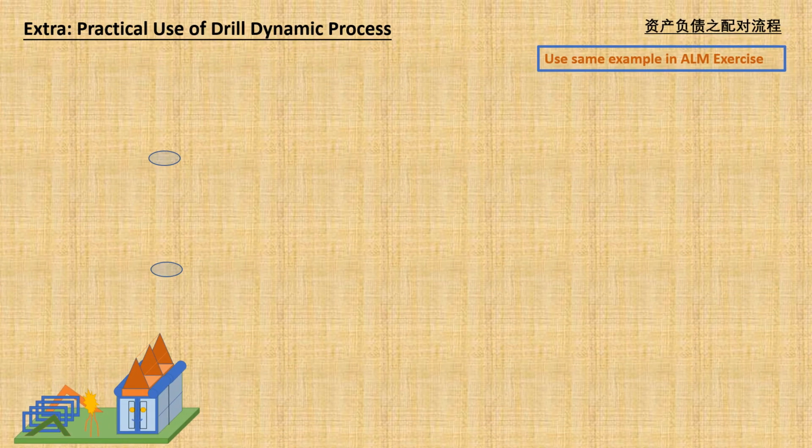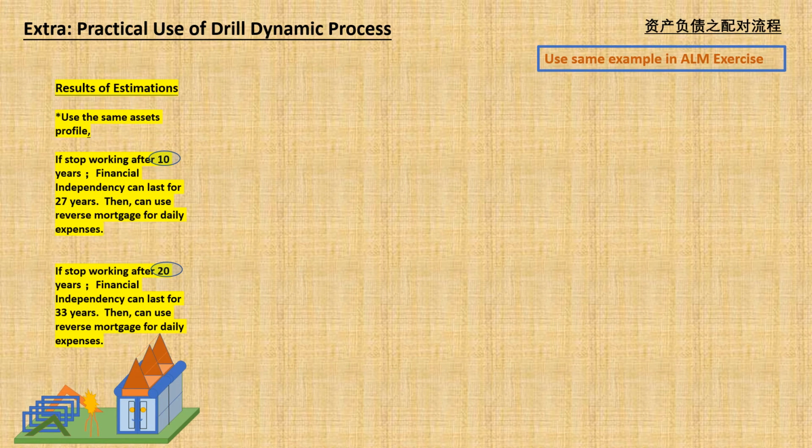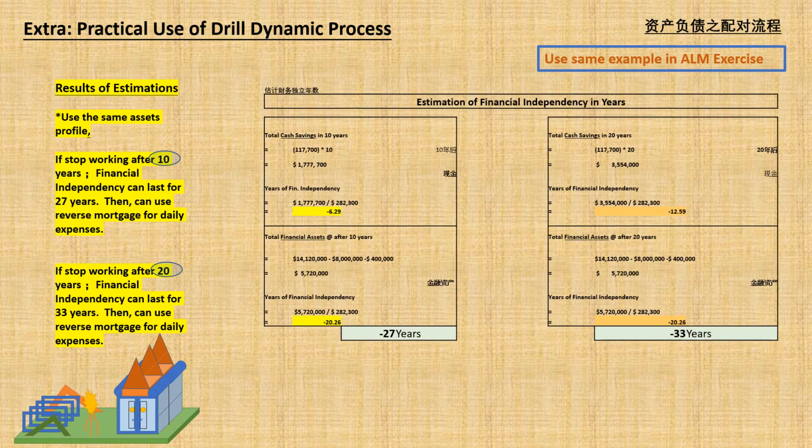Okay, now we have the results of the estimations. We use the assumptions that we described in the last slide. We use the same asset profile, assuming the person is now 40 years old. If they stop working after 10 years, at 50 years old, the financial independence can last for 27 years.